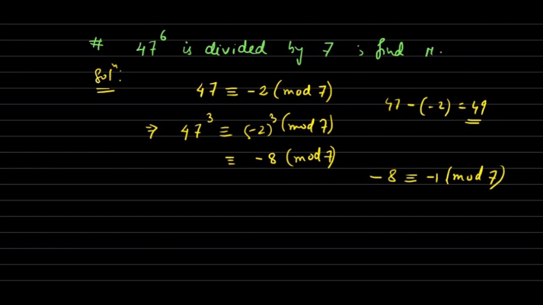Why? Because minus 8 minus minus 1, that will be minus 7. So minus 7 is divisible by 7. That means we can write it like minus 1 mod 7.